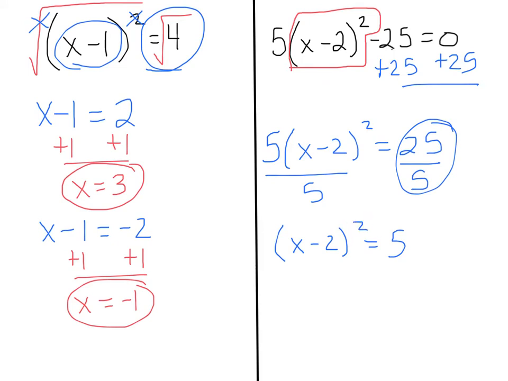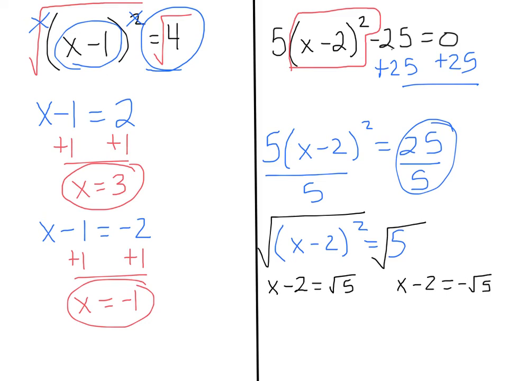And so I square root the left of the equal sign, and I square root the right of the equal sign. And so I have x minus 2 equals whatever the square root of 5 is. Let's just write it as square root of 5. And then let's write x minus 2 equals the negative square root of 5 like that.